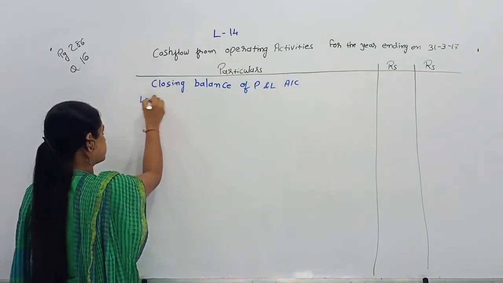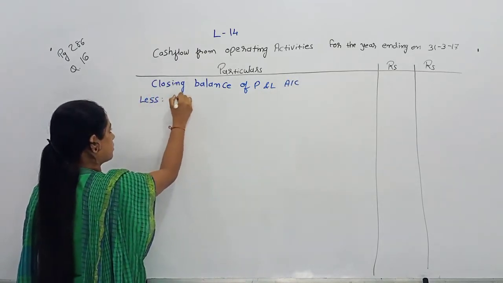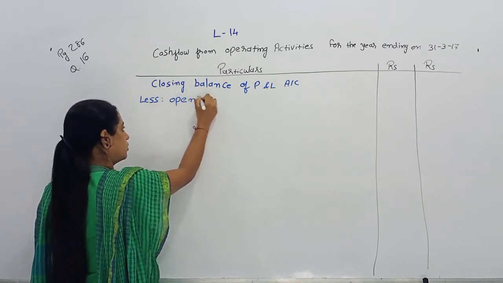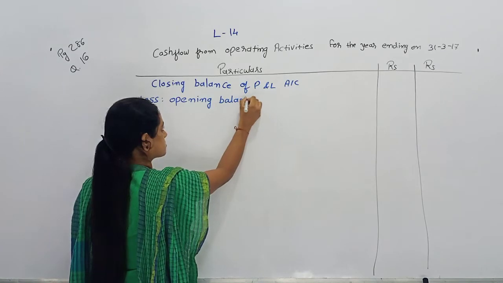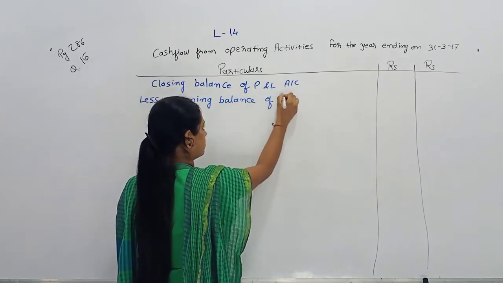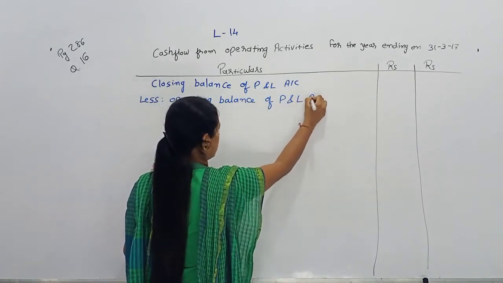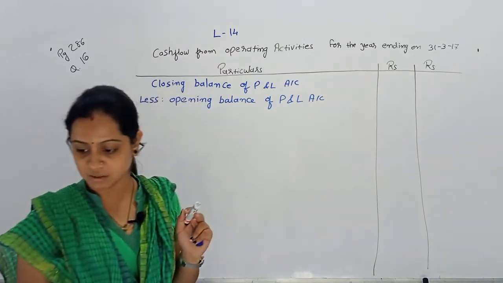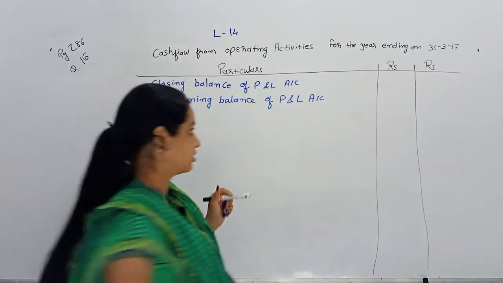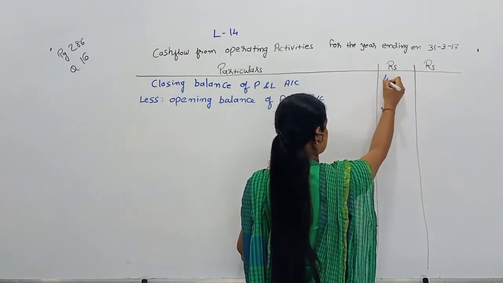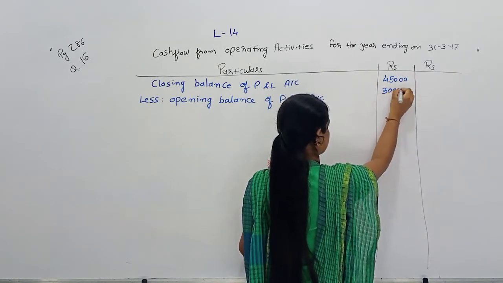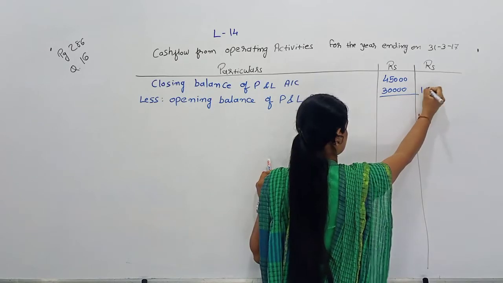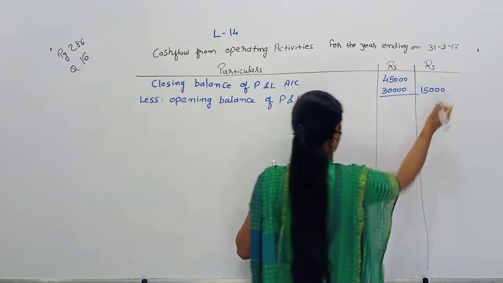Less opening balance of P&L account. So what is the closing balance? 45,000 and opening balance 30,000. Final answer 15,000. Right?